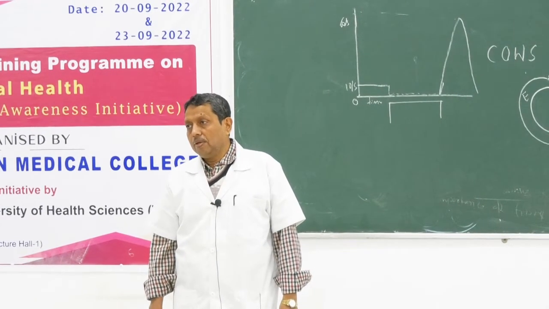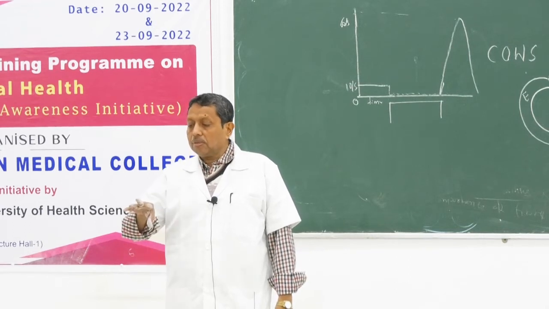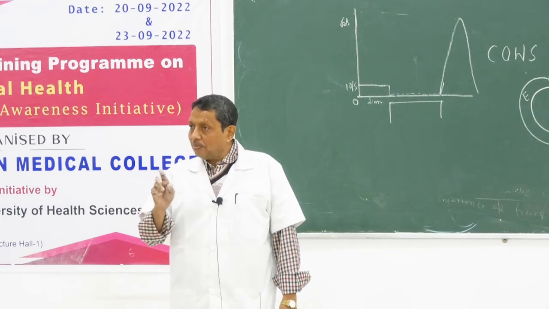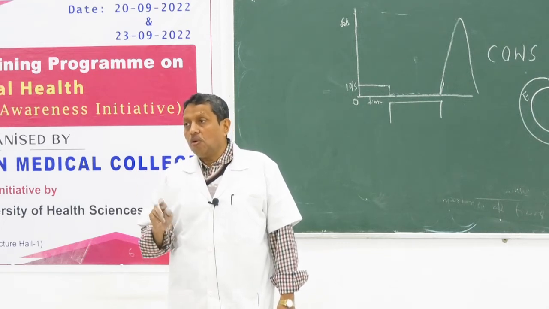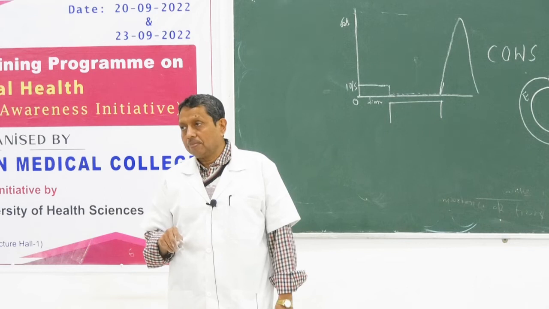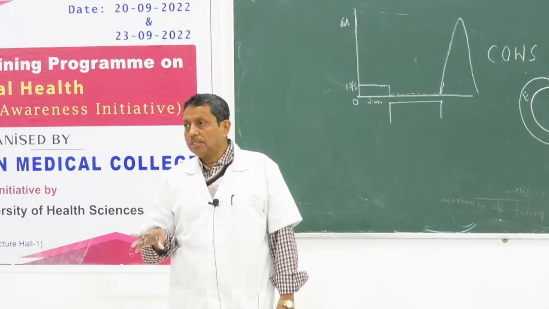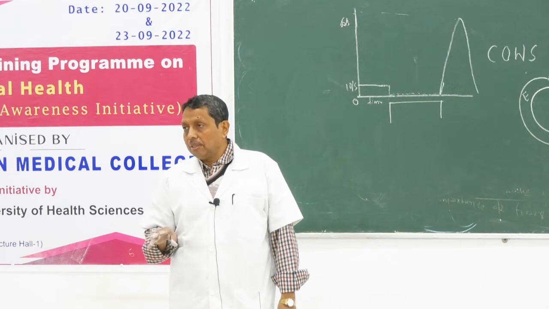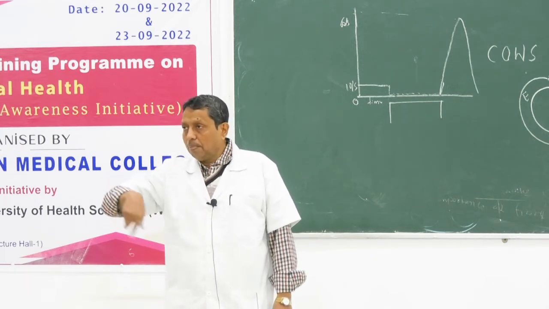But whenever there is canal paresis, if one-sided, then there is either less response or no response. This is canal paresis. It is a good test and relatively easy to do. Another is the rotation test, the Barany chair test.